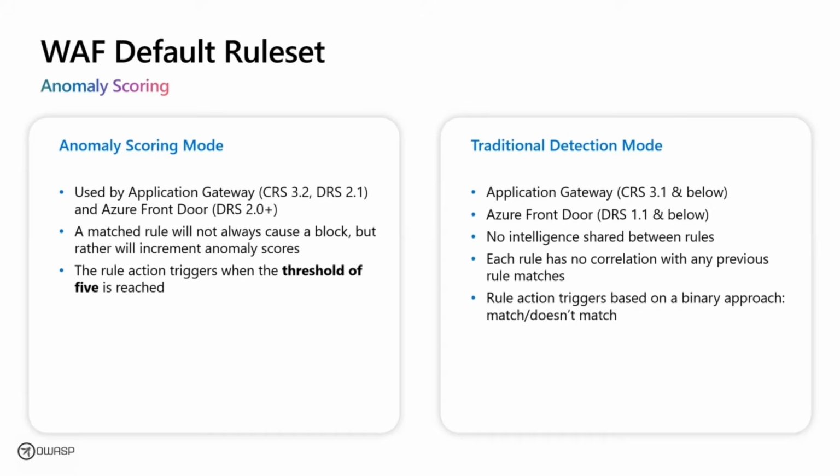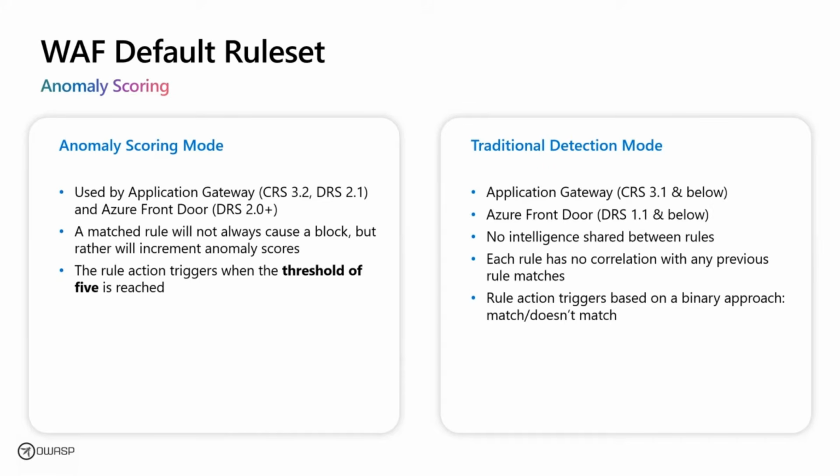With anomaly scoring, traffic that matches any rule isn't just immediately blocked, even if your WAF is in prevention mode. Instead, the rule sets define a severity for each rule, and those severities have a number. We have critical, which is 5, error, which is 4, warning, which is 3, and notice, which is 2.